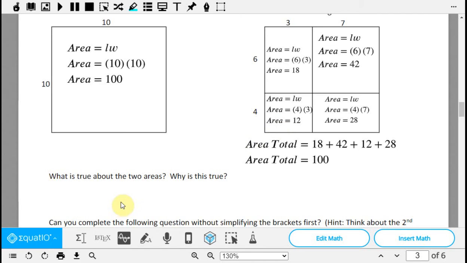So the answer to this question is that the areas are equal, and it's because they actually have the same length of sides.